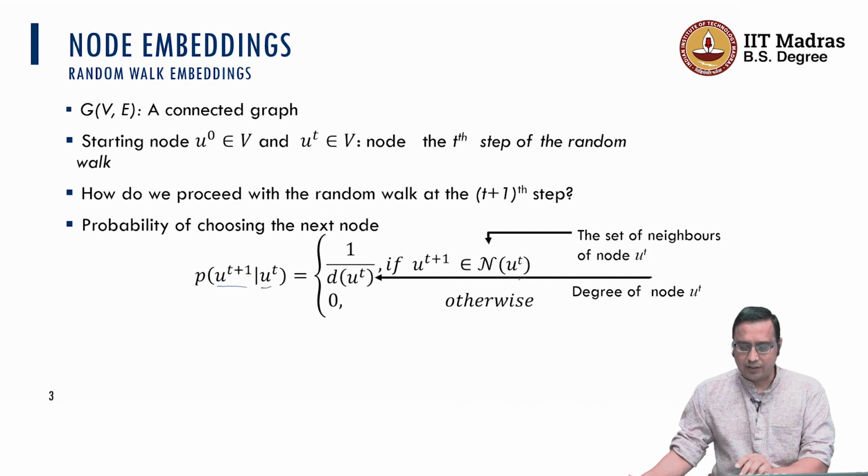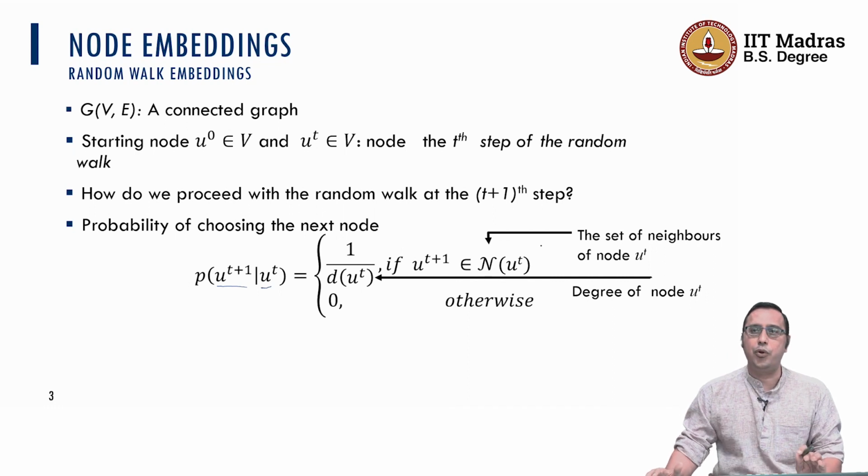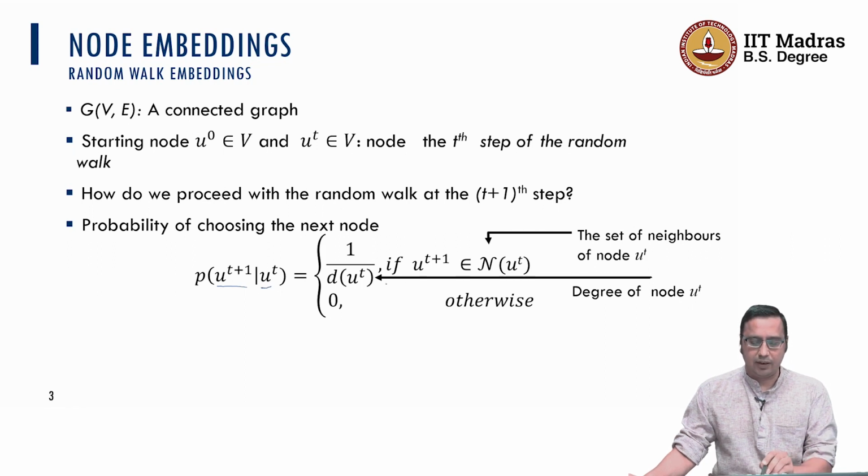This set defines the neighbors of node ut. Remember, this is a connected graph where each node has a certain set of edges incident on it.